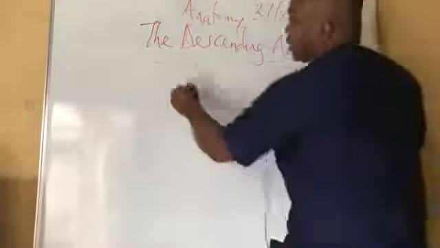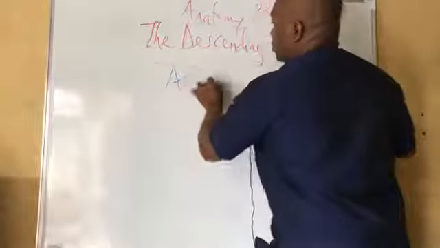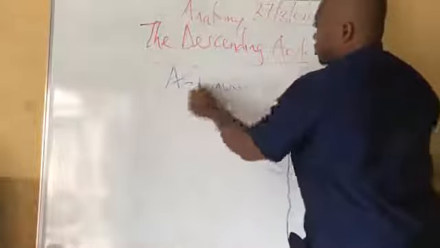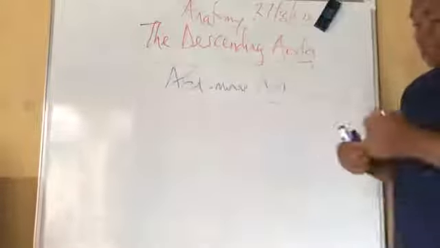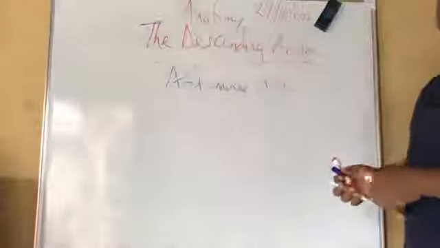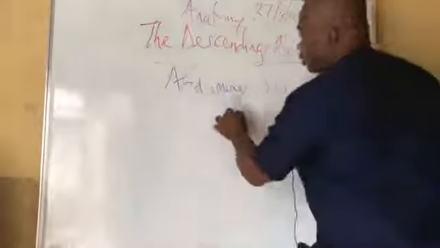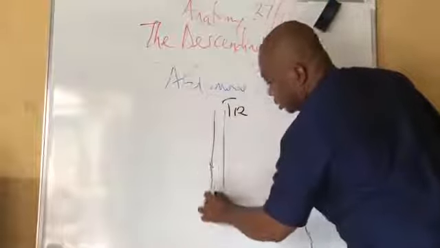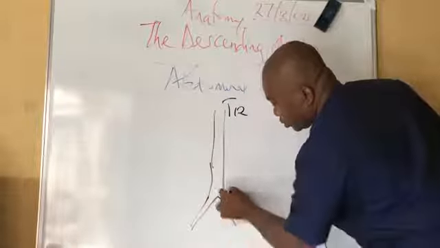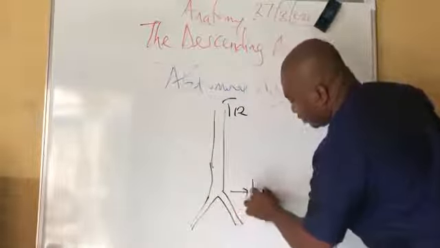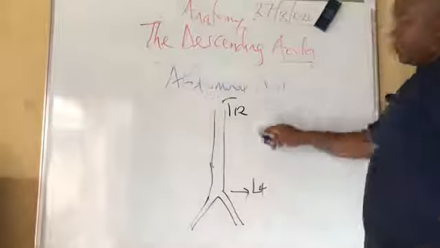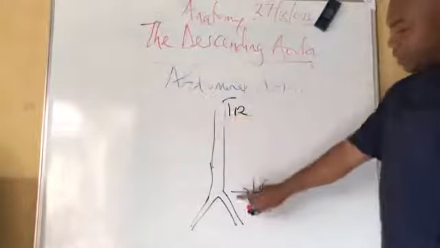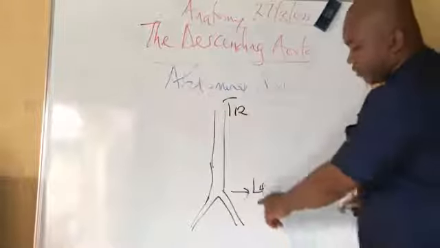The abdominal aorta begins from the level of T12 and extends up to lumbar vertebra 4.